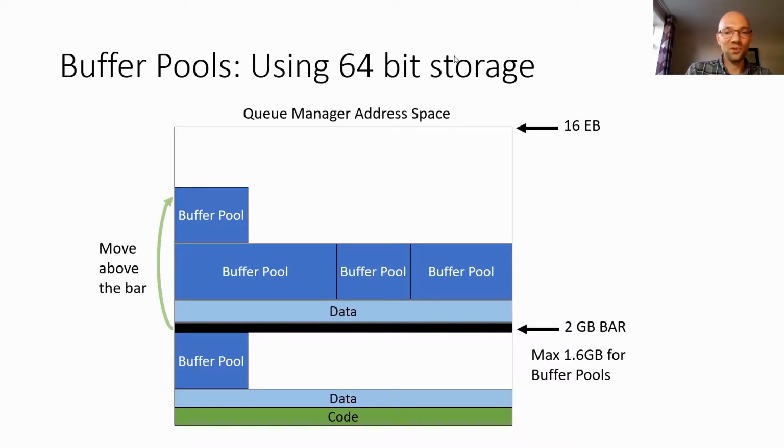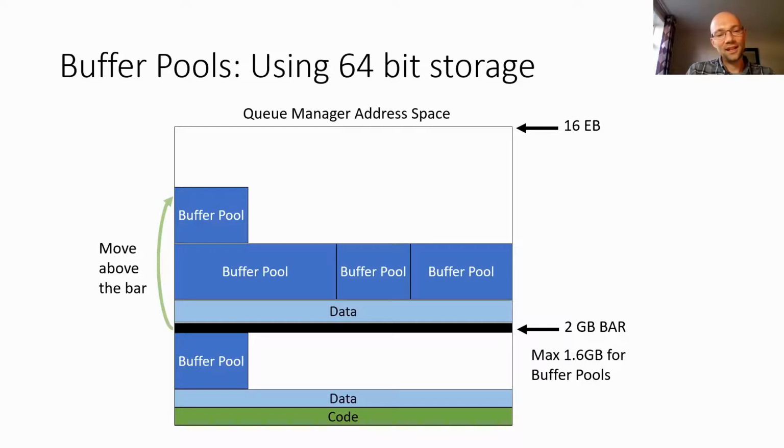These days, we've moved quite a lot of information in the queue manager address space up above the bar, into the 64-bit area of the address space. So there's various bits of data that I haven't talked about that have gone above the bar, but the important bit here is the buffer pools, because the buffer pools are probably the biggest chunk of data that there is in the queue manager storage.